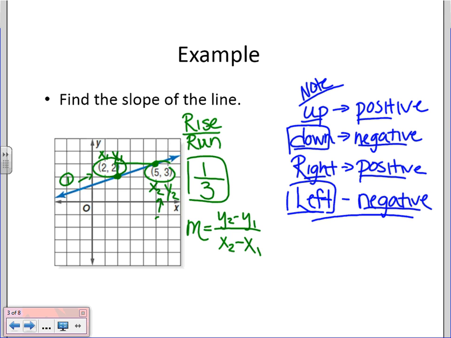And if you pick this one as your second one, you want to keep these consistent with your second. So let's plug in. Y2 is 3, y1 is 2, and x2 is 5, x1 is 2. So this is 3 minus 2 is 1, and 5 minus 2 is 3. As you can see, both algebraically and from the graph, we have the same answer. So our slope is 1/3.